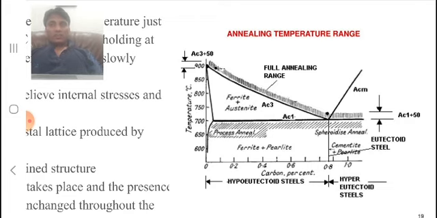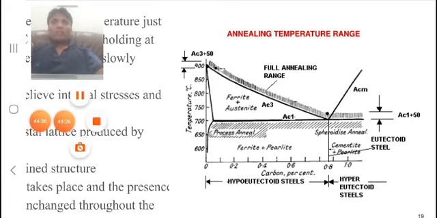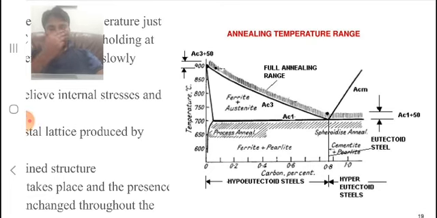To convert coarse grain structure to fine grain structure, normalizing heat treatment can be used. So vice versa, we can change the grain size. By changing the grain size, we can also change the mechanical properties of the steel. So the basic idea of heat treatment itself is to change the mechanical properties, and also to relieve the internal stresses, and to bring homogeneity in the grain structure throughout the steel.